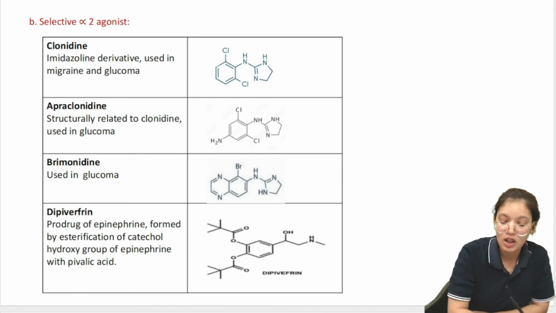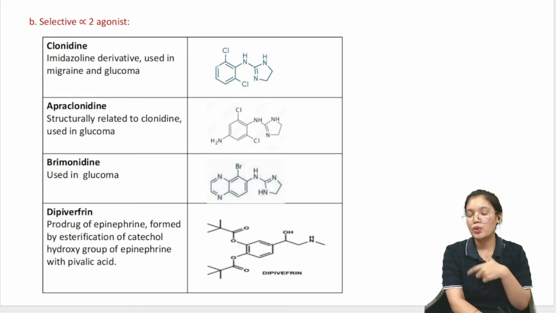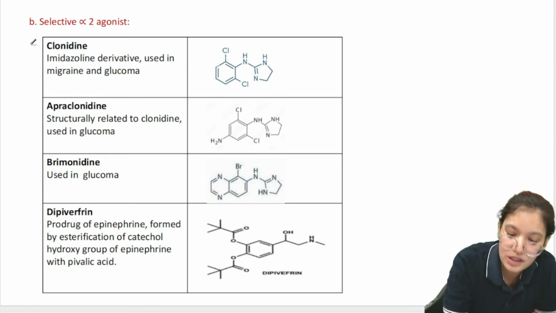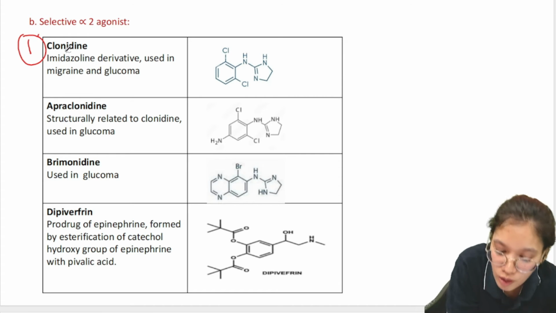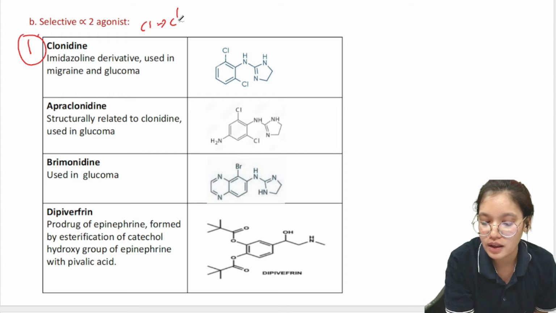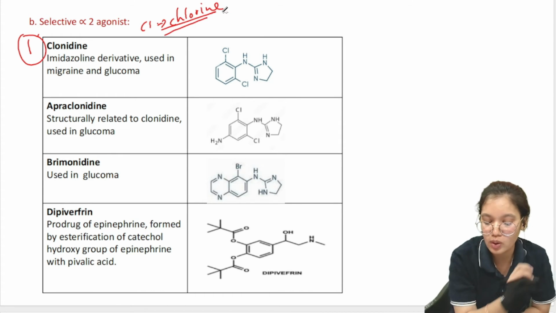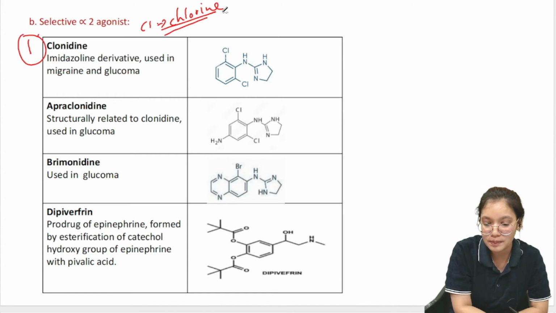Okay. Now moving forward towards the drugs that are alpha 2 selective. Now first is clonidine. From Cl you can remember chlorine. It is basically used in migraine and glaucoma.